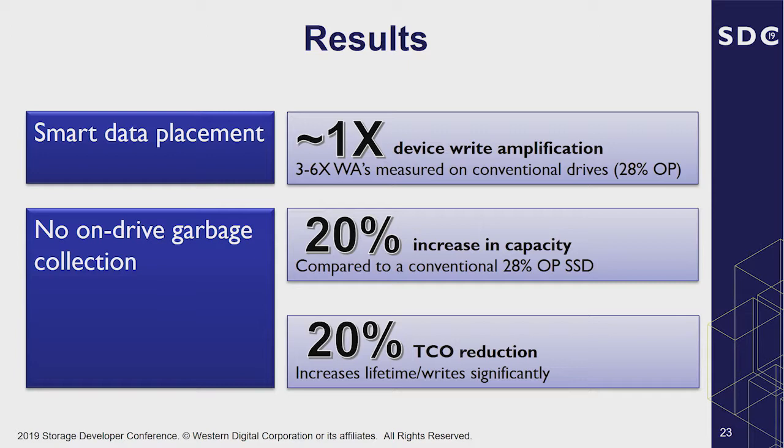So getting 20% extra, sort of for free, is awesome. So it reduces the total cost of ownership by 20%. But also you get this write throughput increase because the drive is not occupied doing garbage collection. And you get the side effect of a more predictable drive that will be more effective.